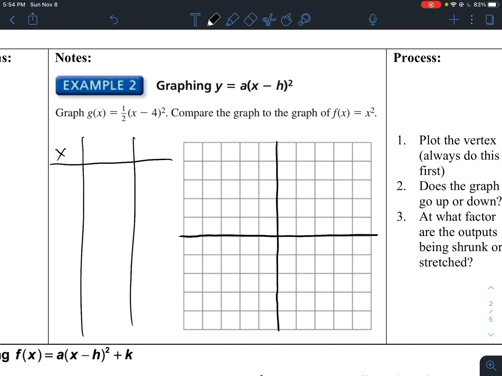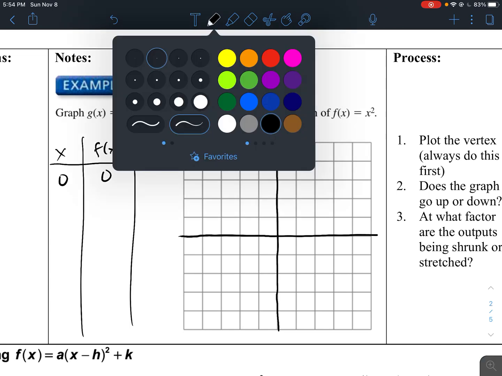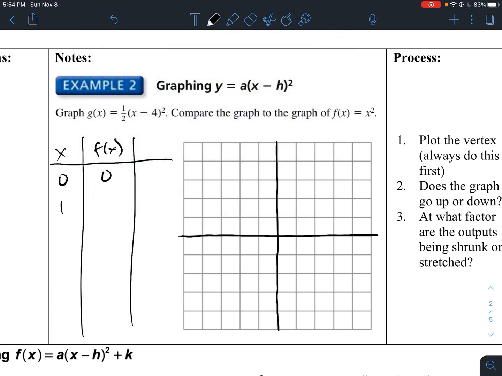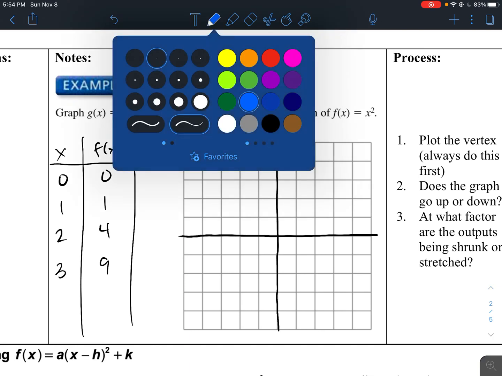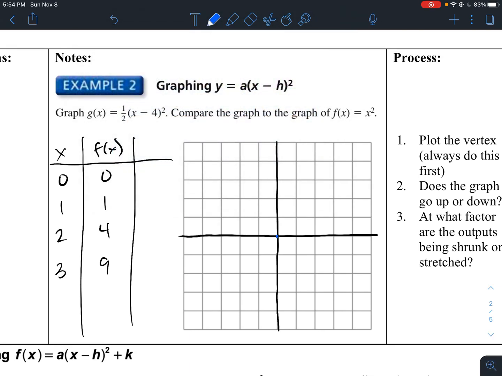So when x was 0, the parent function was also 0. When x was 1, it was also 1. When x was 2, it was 4. When x was 3, it was 9. So if we started here, it looked like this. So this was the parent function of the quadratic function.